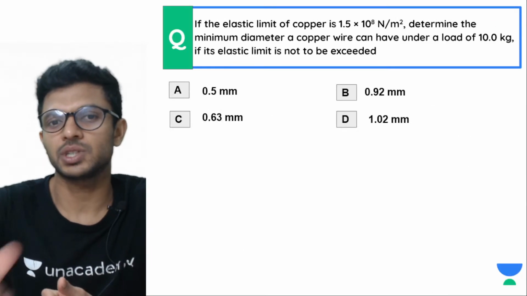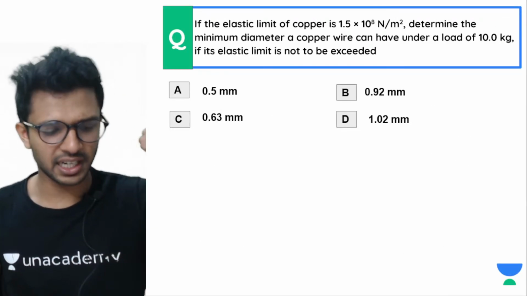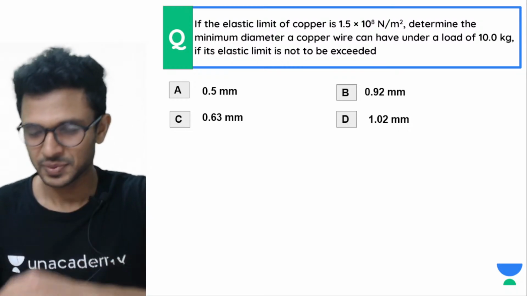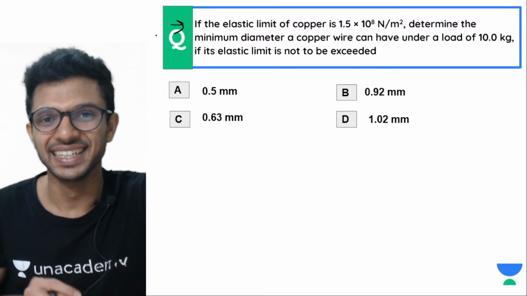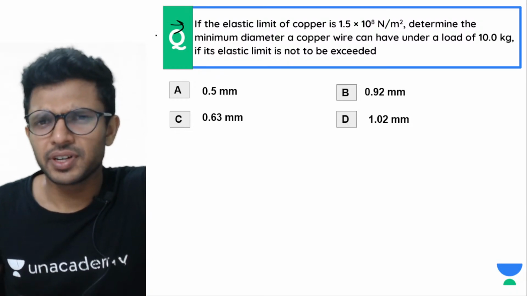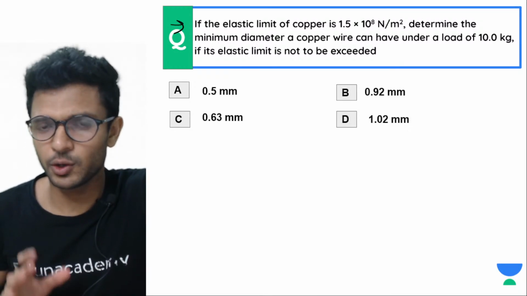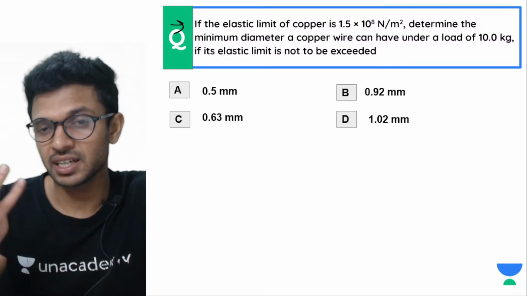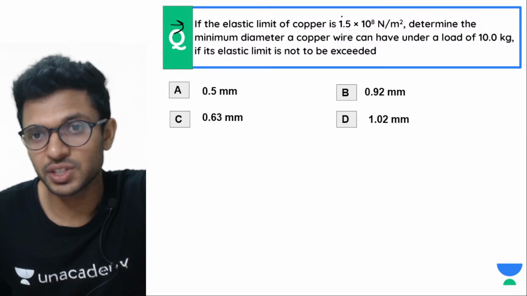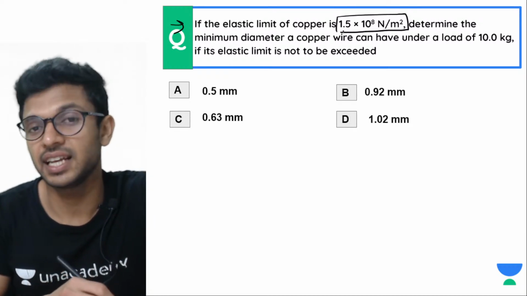Okay, now let's do some questions. Okay, what will come up when we do questions? Energy will come up. Okay, here we go, have a look. If the elastic limit of copper is 1.5 into 10 power 8 Newton per meter square. I hope you all know, right? It is the maximum value of stress till which the body will act in its elastic manner.